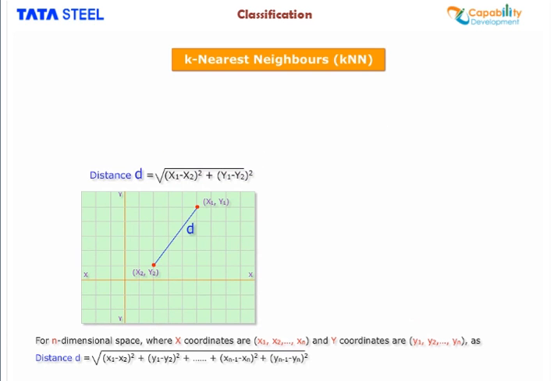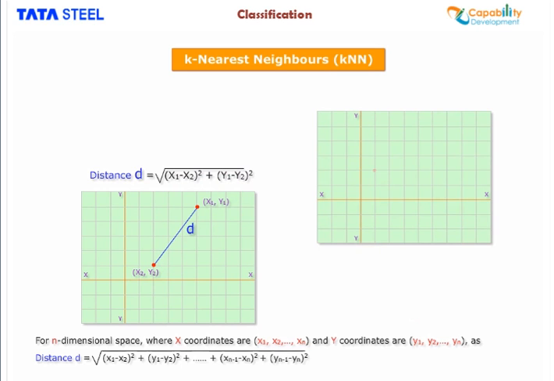For example, distance between the 2 points 1, 2 and 3, 1 in a two-dimensional space will be square root of (1 minus 3) whole square plus (2 minus 1) whole square, which is approximately 2.2. This is called Euclidean distance. There are other distance measures as well, like Manhattan distance and Chebyshev distance. Among these, Euclidean distance is the most commonly used distance measure.